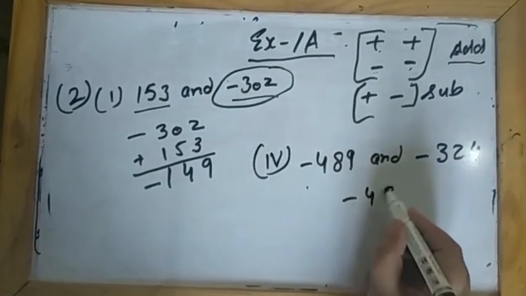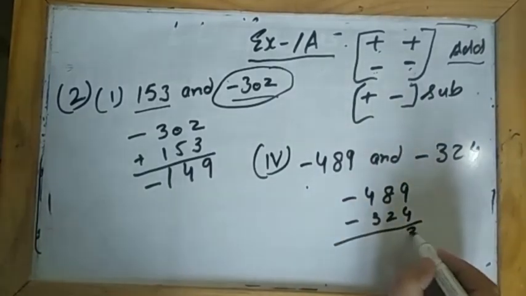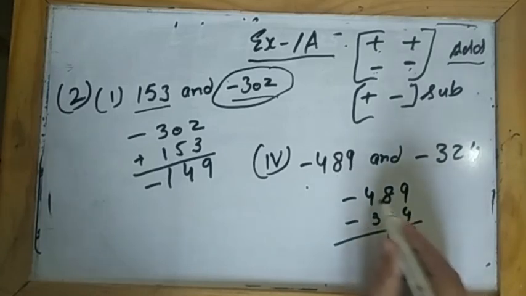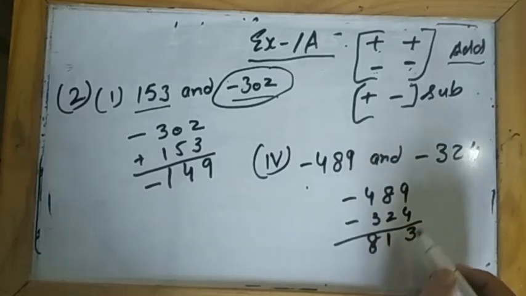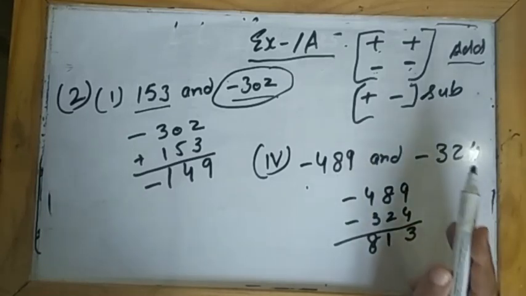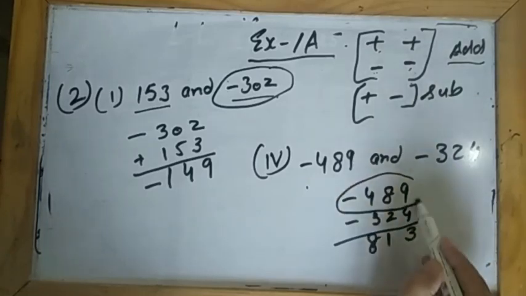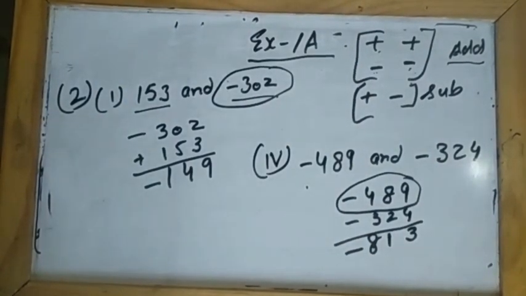It means minus 489 and minus 324 I have to add. And what about the sign? You can just remember one rule. The sign is always of the bigger integer. The bigger integer is negative, so write the sign negative. So hope you have understood.